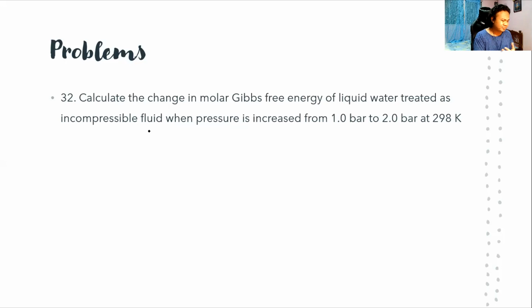Okay, so this is really easy. So let's list the given first. Bar, and then we have our temperature, which is 298 Kelvin. So we just have to find the right formula for this.